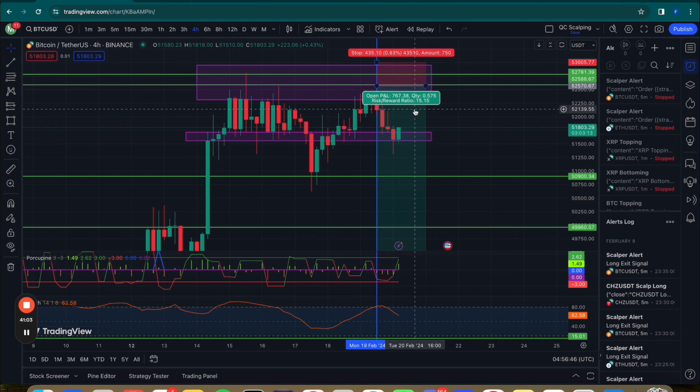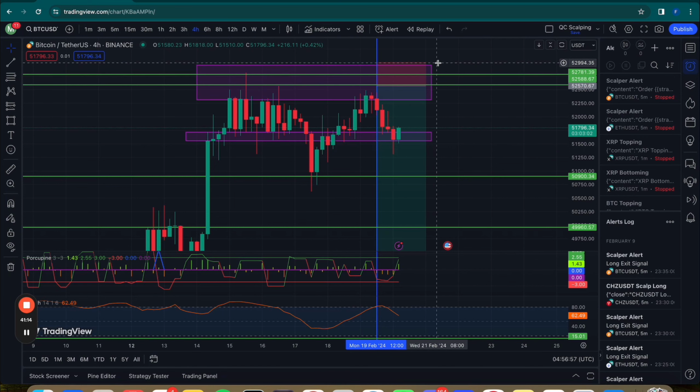In that case, we could enter with a little bit above 3x leverage, like 4x leverage. So full account with 4x leverage, we can enter this trade because the maximum that we would lose would be 3%, which is the number we're going for.